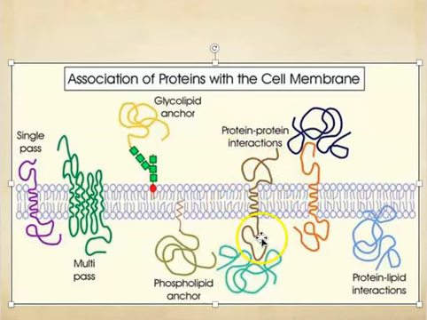Transmembrane single pass. Over here, here's another transmembrane single pass. Here's a transmembrane multipass. Now you have to follow this green string to really see the multipass nature.